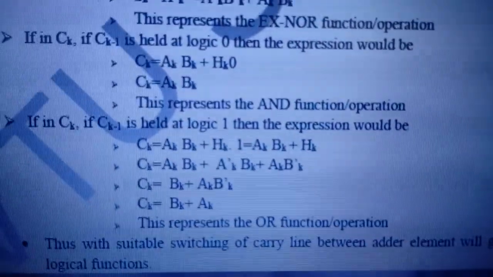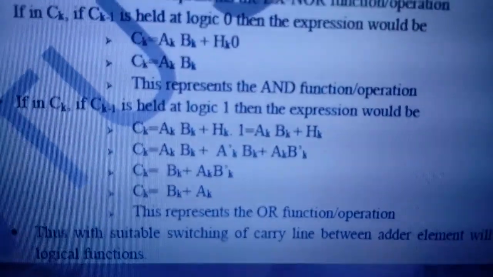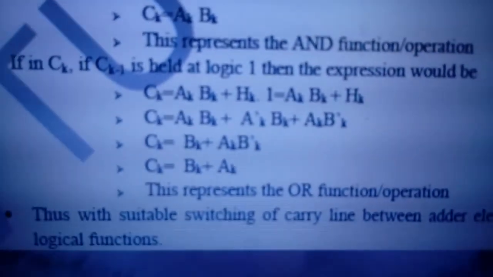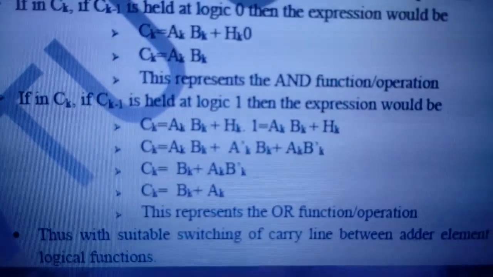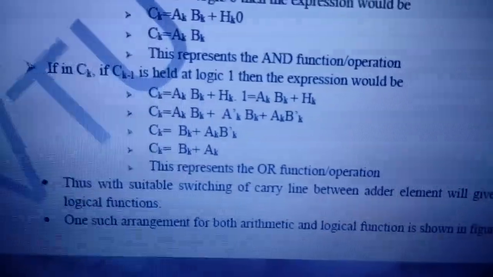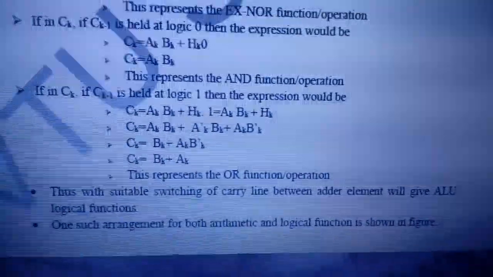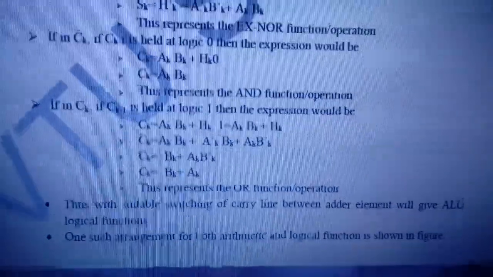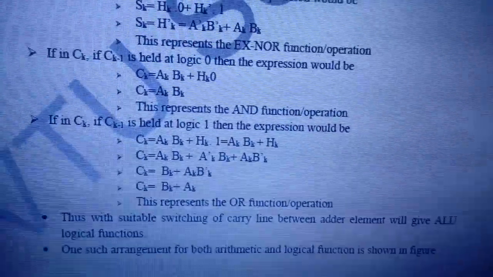This is equal to AK BK plus HK. If you simplify, at the end you will get CK equal to BK plus AK. This represents the OR function. Thus, with suitable switching of the carry line between the adder elements, we get the ALU logical functions.